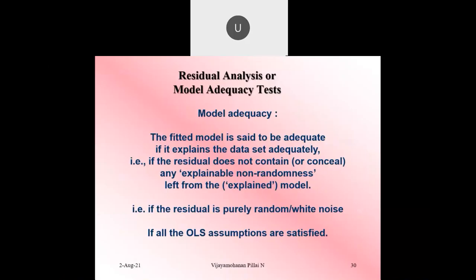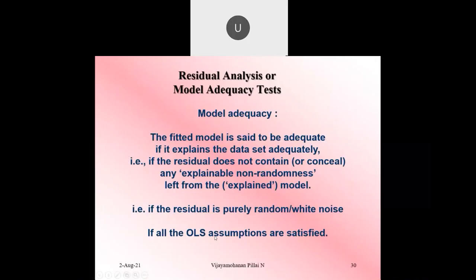In that case, we can say that all the OLS assumptions are satisfied for this model, and the model becomes adequate. That means it is the OLS assumptions that we have to consider to see whether they are satisfied or not.